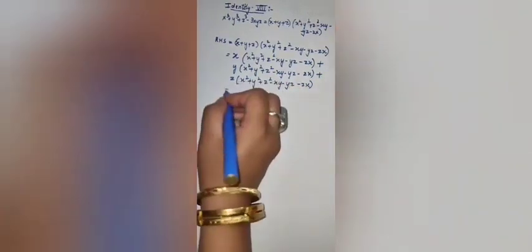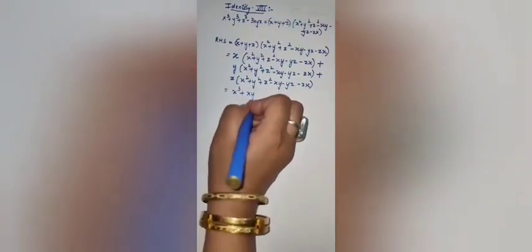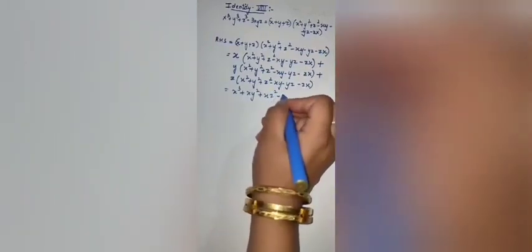Okay, so let us start multiplying. X into x square will be x cube, plus x into y square, plus xz square, minus x square y, minus xyz, minus x square z here.